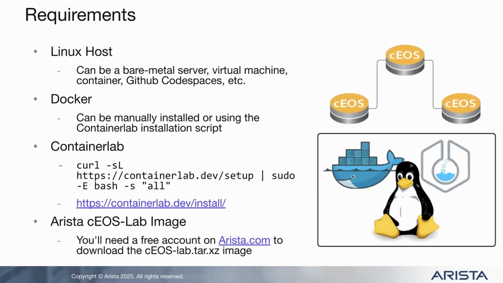You can install it manually, but this can also be done automatically by the installation script that is provided by Containerlab developers. And finally, we need to have the container image file from the systems that we want to run. In the case of EOS, you can download the cEOS-Lab image directly from Arista's website by using a free account.